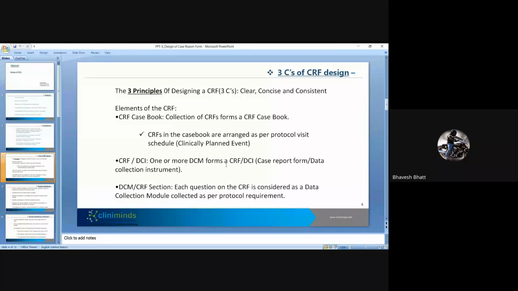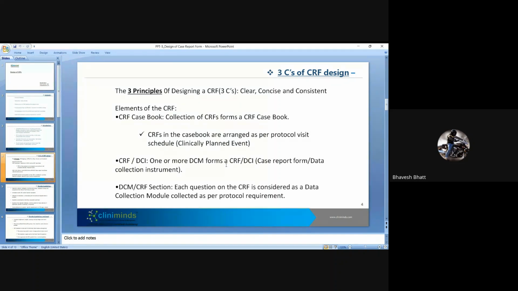So what stands true is that DCI is the other name for a CRF.